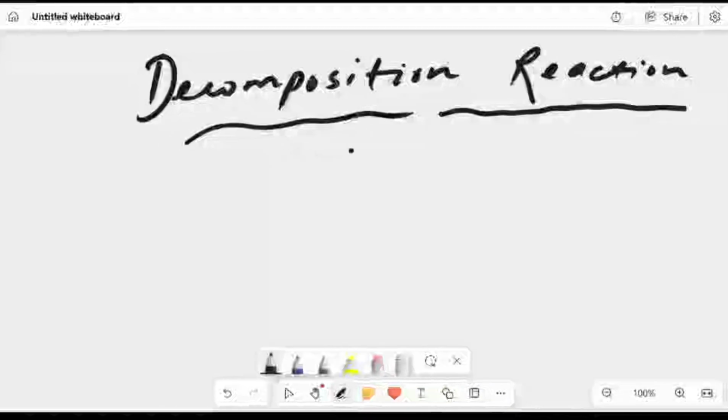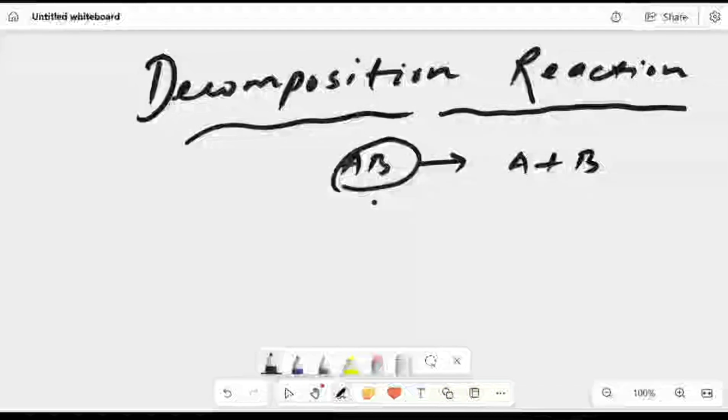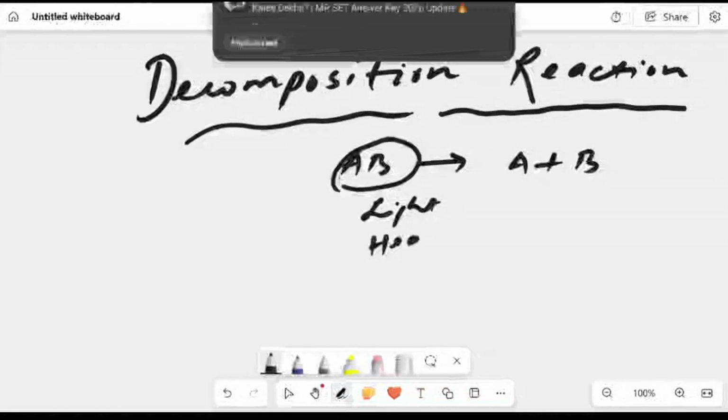What happens here? Here AB is broken into A plus B using light or heat form of energy.